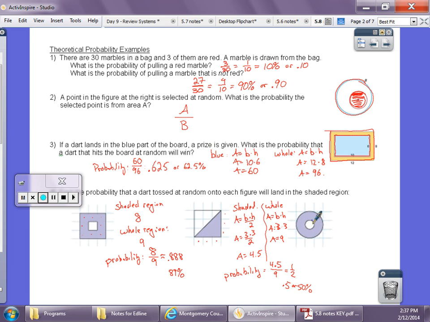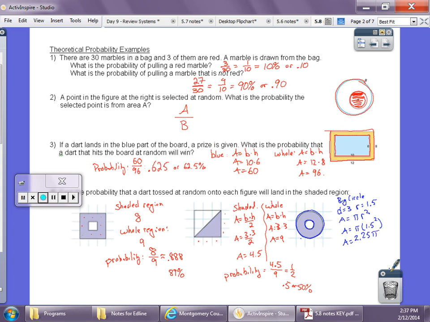Now if we look at this last one, we have to figure out this part here, and the big circle. This has a diameter of 3, so the radius is 1.5. The area equals pi r squared, so the area equals pi times 1.5 squared. So the area of the big circle is 2.25 pi.